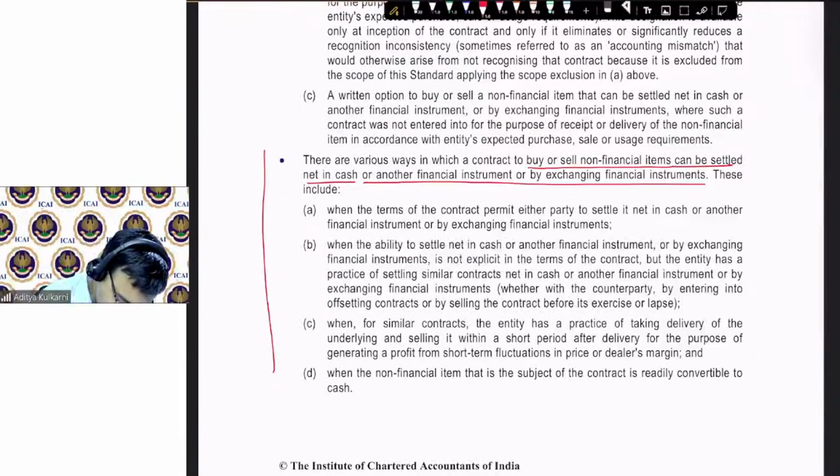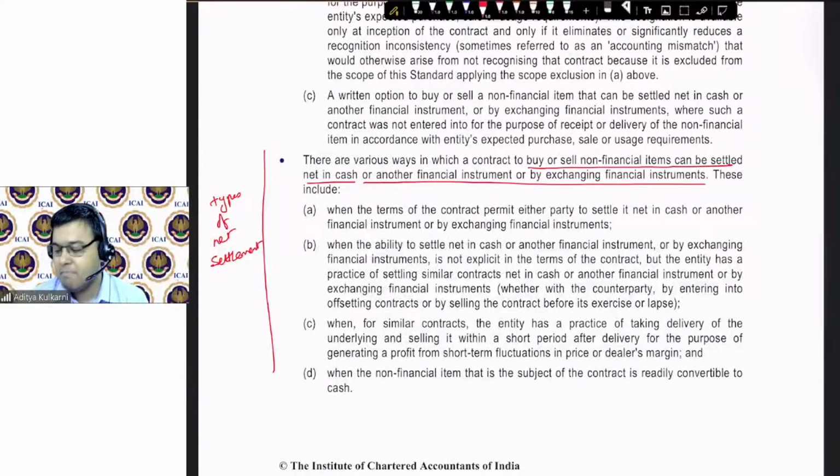So basically, this paragraph is talking about types of net settlement. I gave you one example of net settlement. That means instead of me paying 55 and Tanish giving me the gold, I will tell Tanish, you just pay me 6,000 rupees and we are net settled. We are good to go.